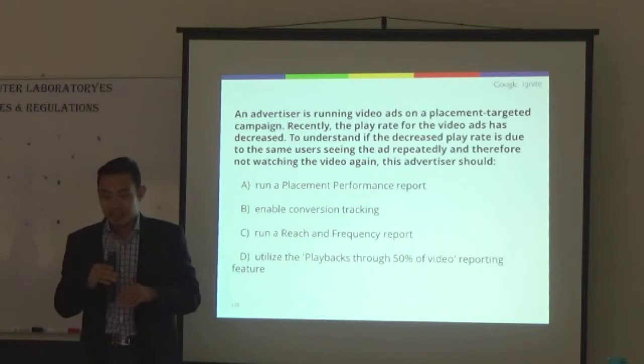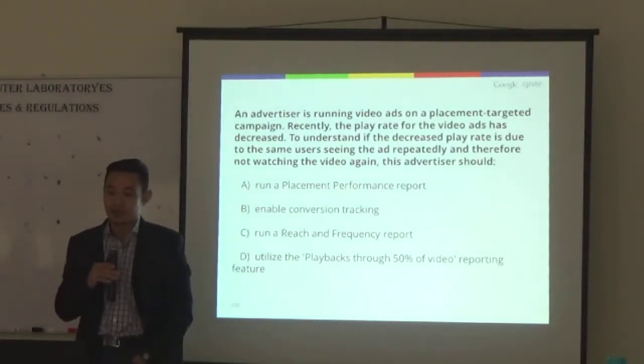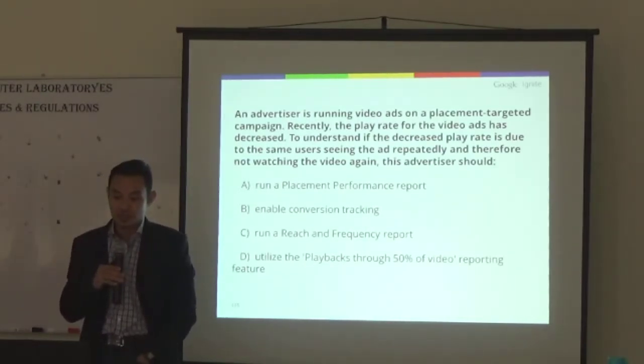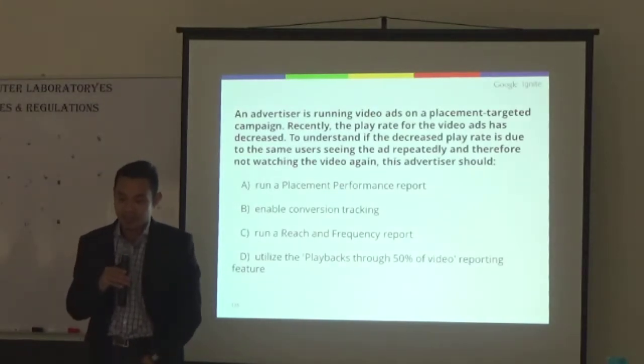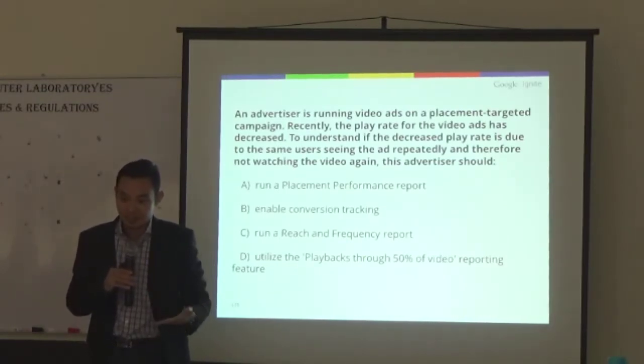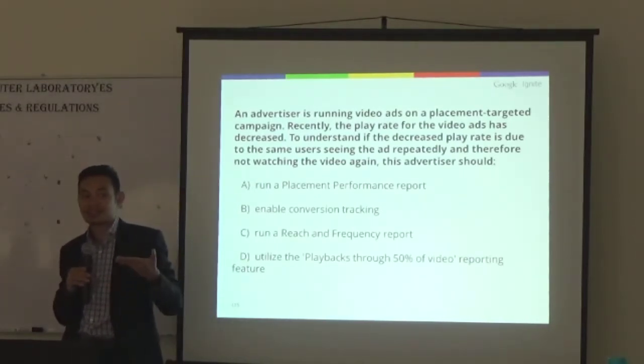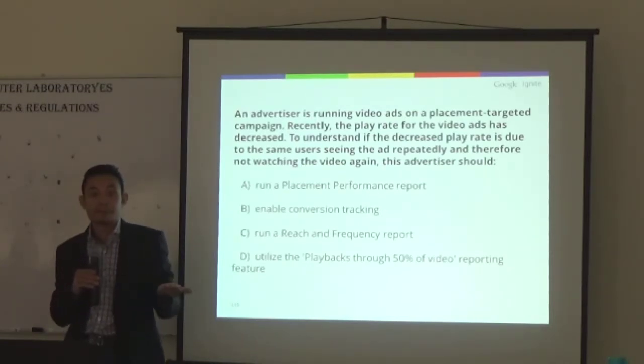Next question. An advertiser is running video ads on a placement targeted campaign. Recently, the play rate for the video ads has decreased. To understand if the decreased play rate is due to the same user seeing the ad repeatedly and therefore not watching the video again, what should the advertiser do? Where do you find out about the performance of a placement targeted campaign?